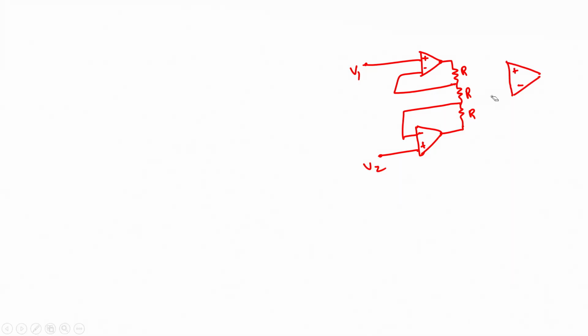Oh sorry, this is Rg, and the output should be connected one here, one more here, and one more here, one more here. So, 100K, 100K, 100K, 4 resistances here, 1K, 1K.